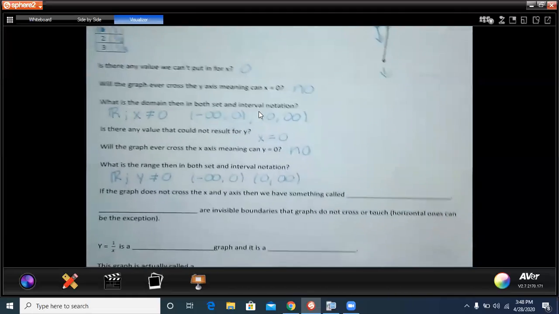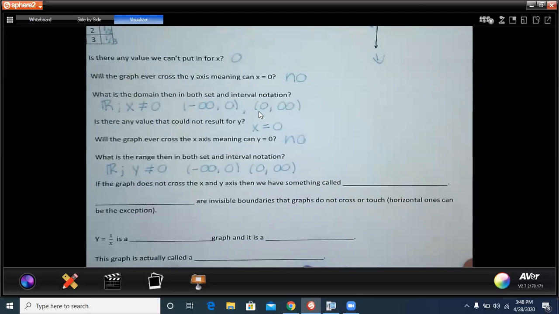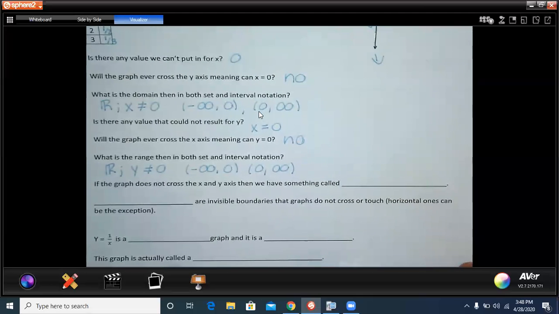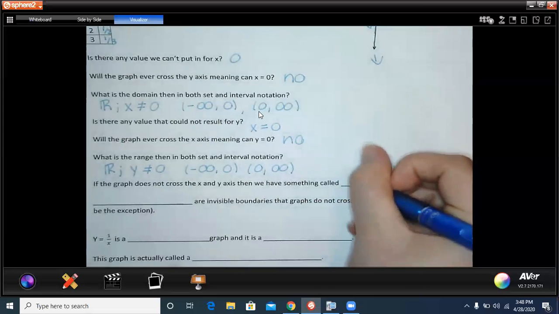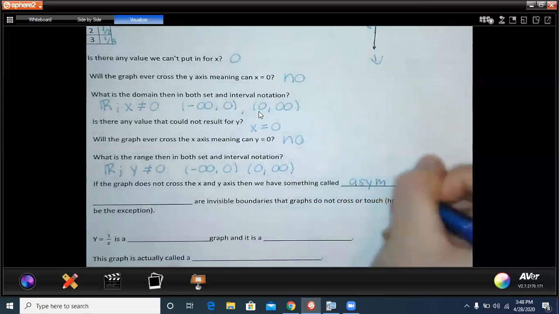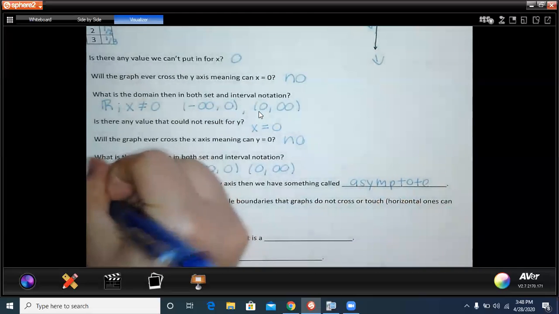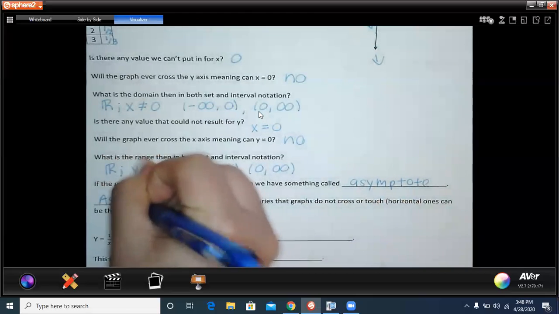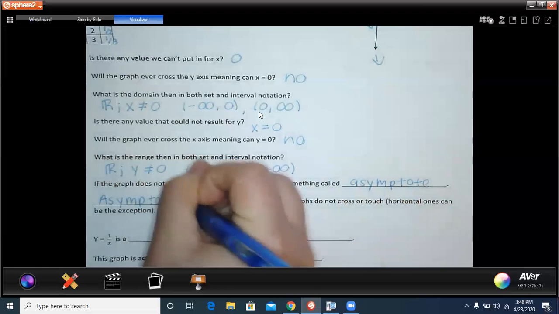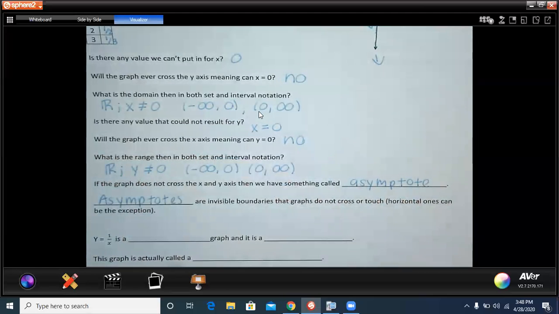Then we have some blanks to fill in here. It says if the graph does not cross the x and y axis, we have something called an asymptote. Asymptotes are just invisible boundaries that graphs do not cross or touch.